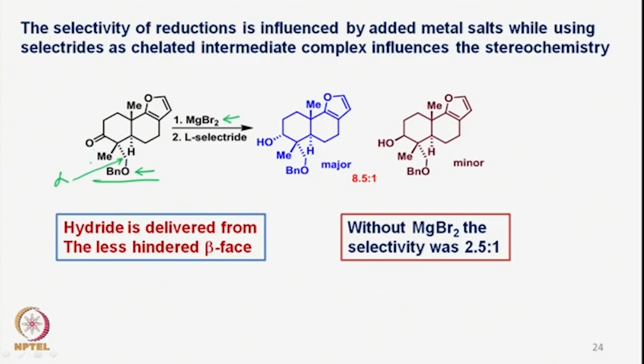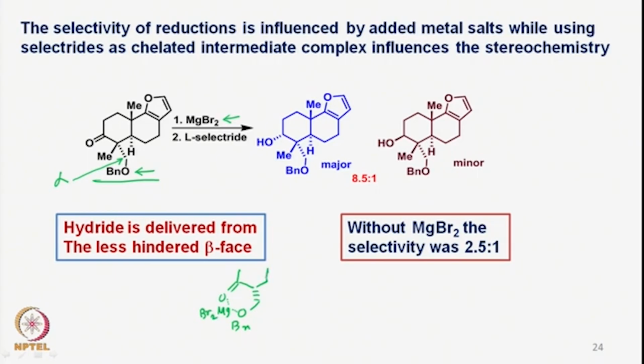So the magnesium bromide coordinates the OBn group here, and so now you have magnesium and then bromide here. So you can expect such type of coordination.